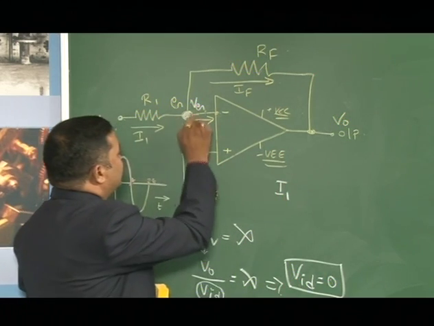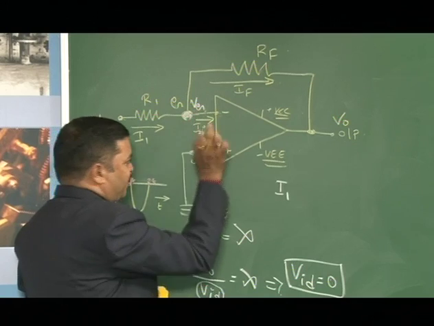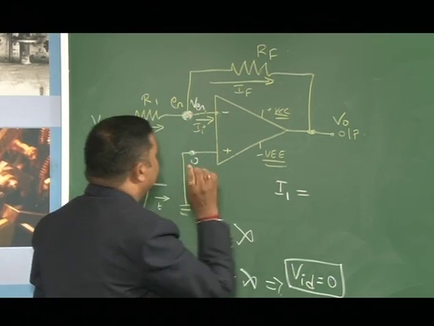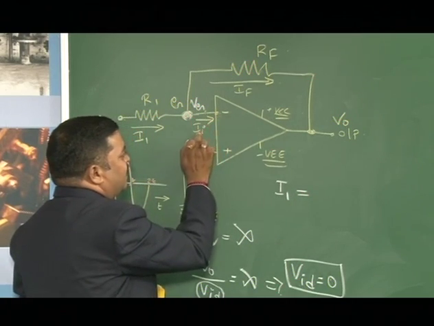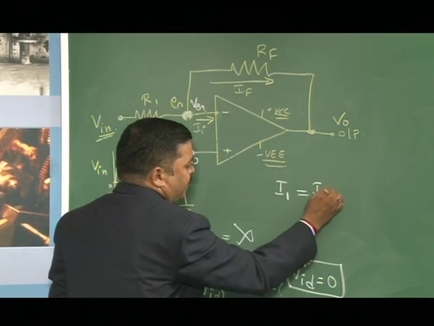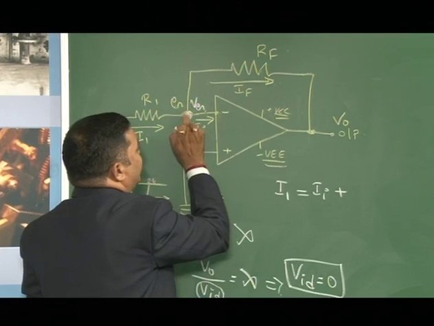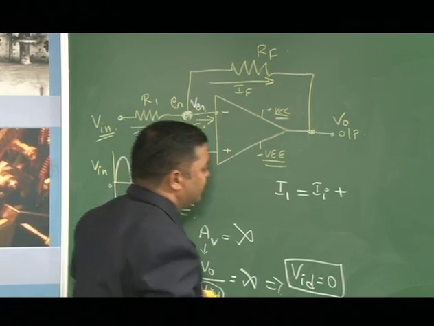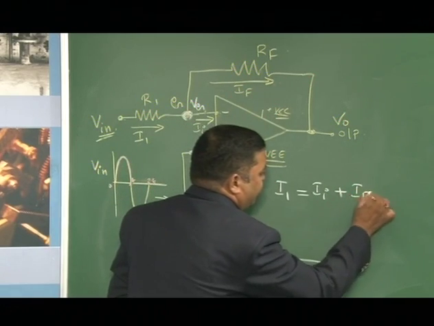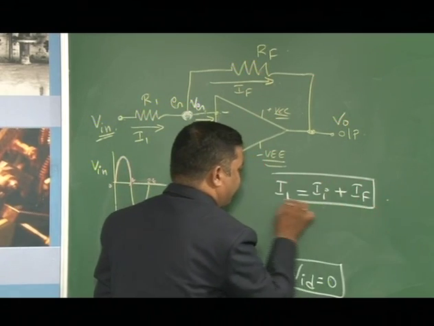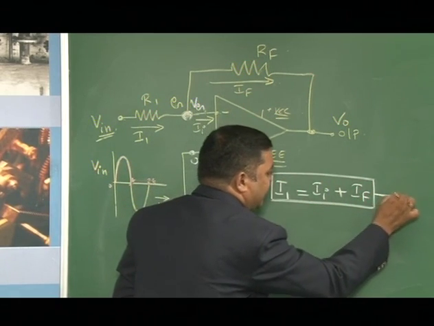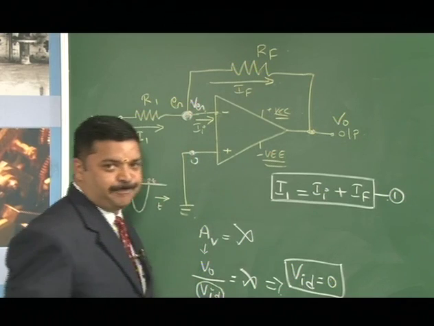Any other current which is coming towards the node G? No, no other currents. I1 is equal to the outgoing currents: one is II, plus another current IF, which is going from the node G. So, this is Kirchhoff's current law applied for the node G.